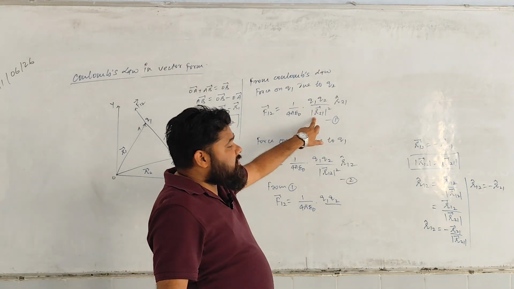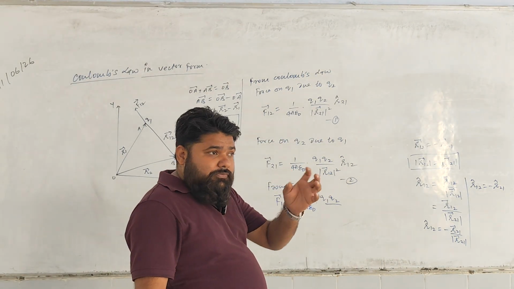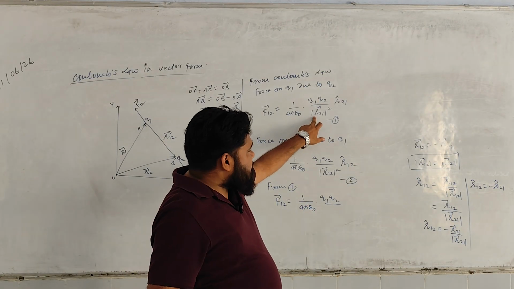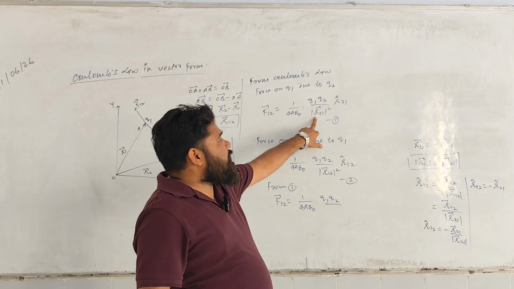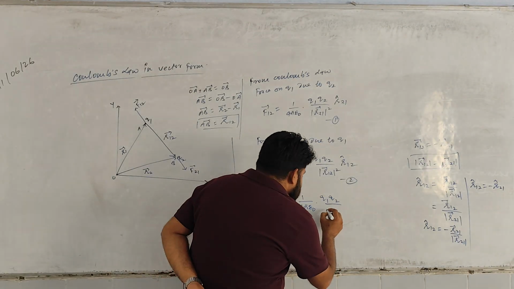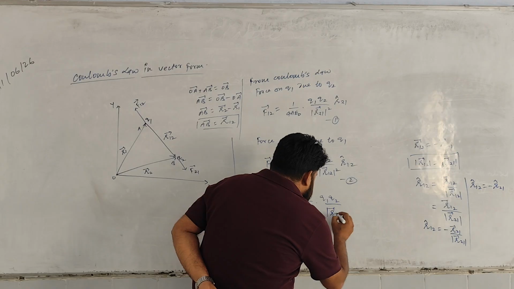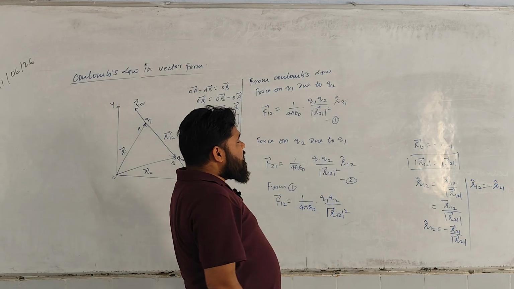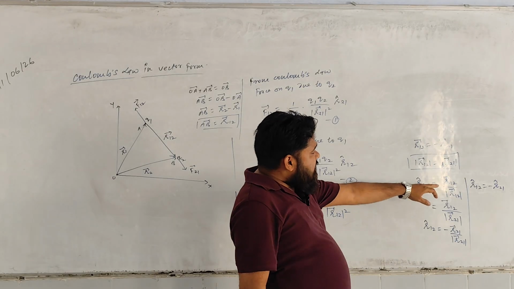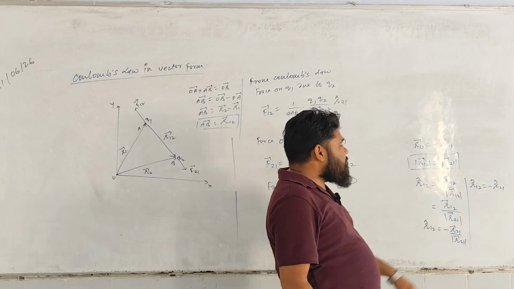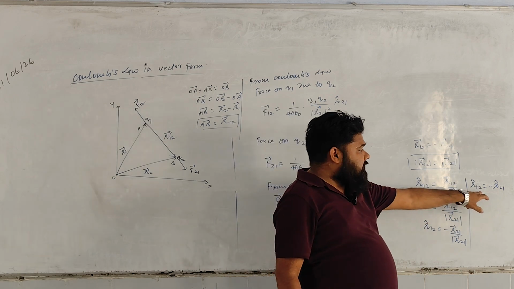And we know that the magnitudes of two equal and opposite vectors are equal. So in the place of this one we can also use the magnitude of vector R12. So that becomes the magnitude of R12 square. And the unit vector R21, as we found out here, is opposite to the unit vector R12.